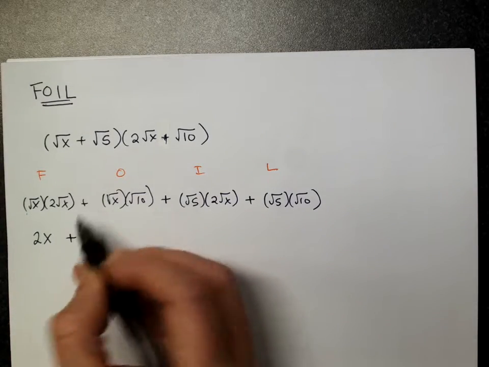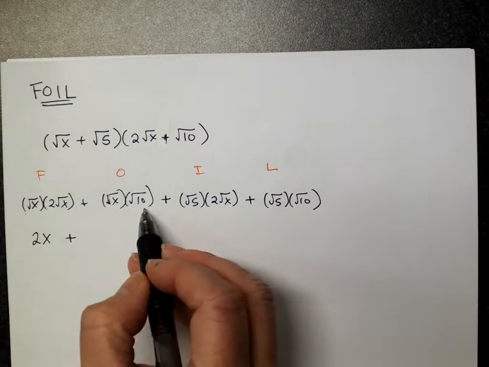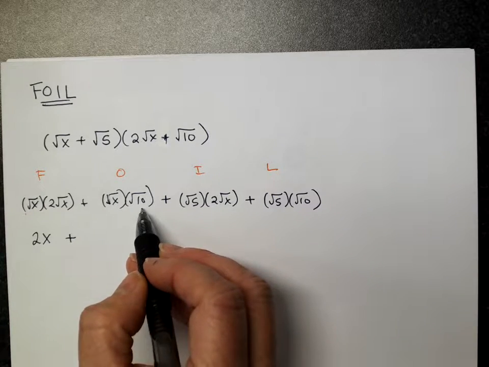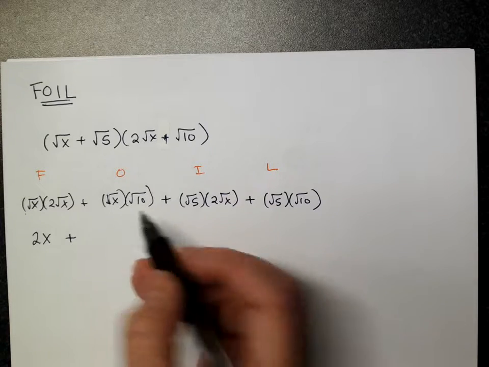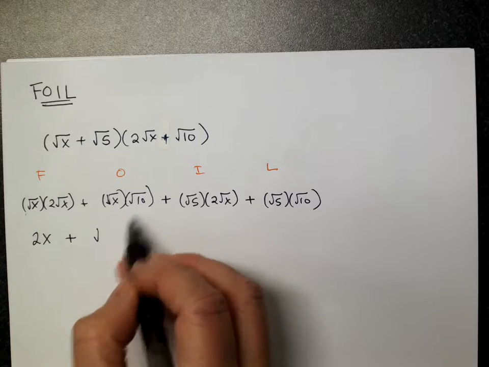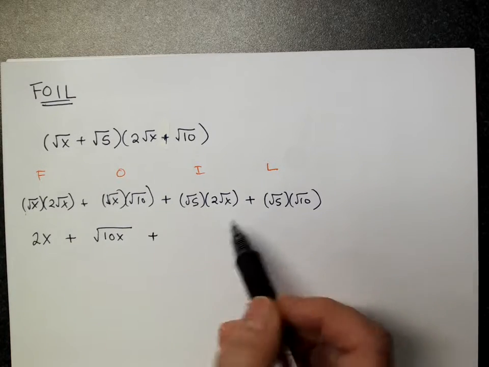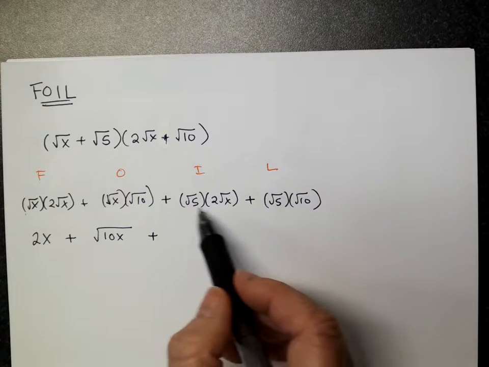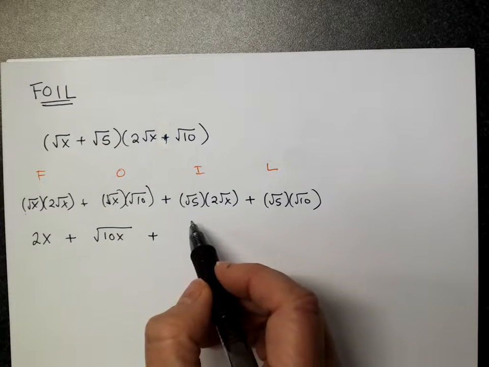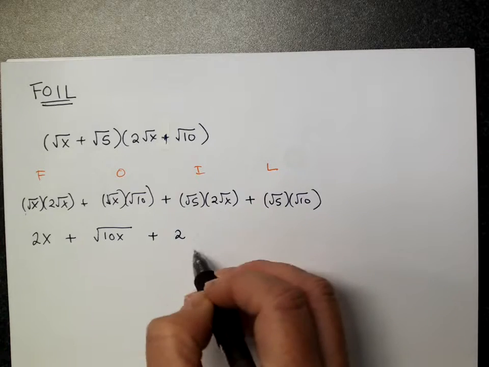Plus, no coefficients here, they're just 1. Both radicals, are they same or different? So you'll still have a radical sign. And your new radicand is 10x. Okay. New coefficient? Yeah, 1 times 2, still just 2. Outside number is 2.